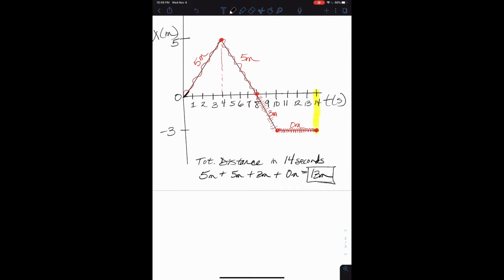Another one would be displacement. What is the displacement at the following times?